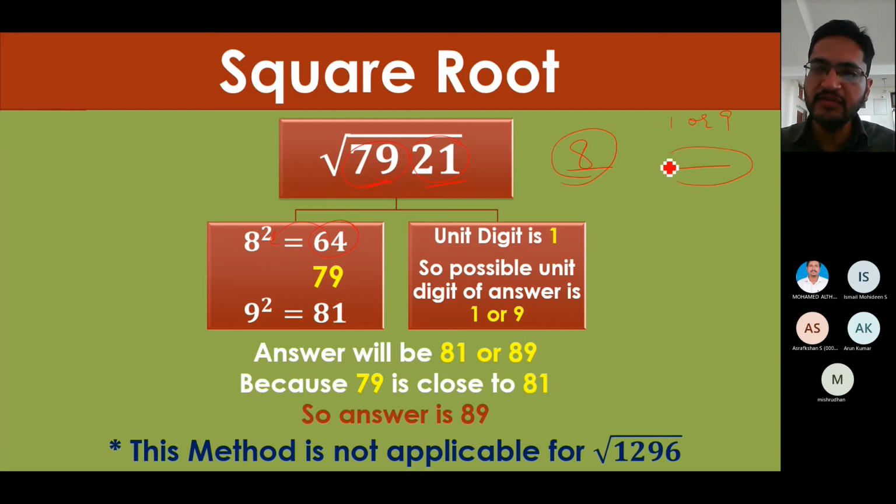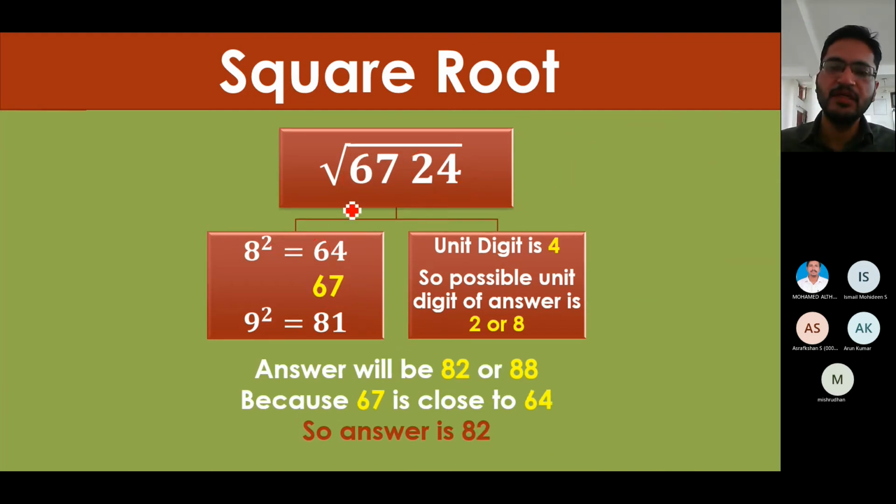Now we have to decide whether it is 1 or 9. 79 is close to 81, the square of 9, so this will be 9. So the answer is 89. And this method is not applicable when we want to find the square root of 1296.